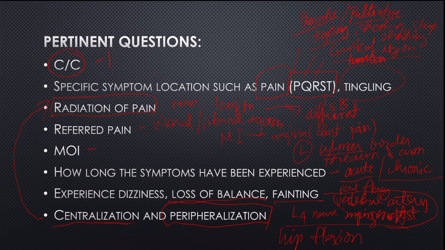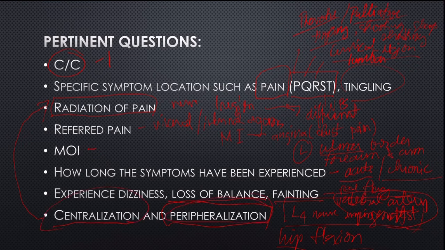Hip flexion will somehow alleviate the pressure that is on the impinged nerve. So if there is no pressure, then the pain will not radiate. Okay, so it will stay in that area in the L4 region. So we call that one your centralization.